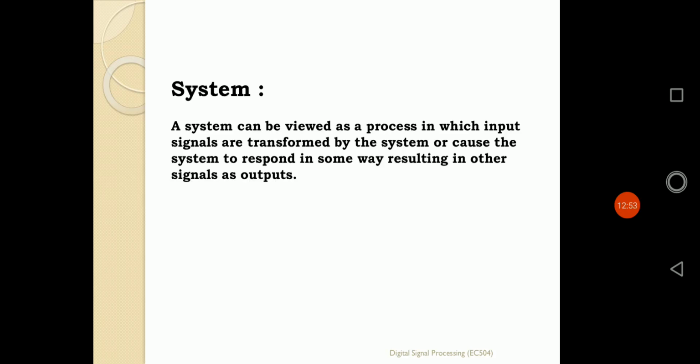So in this slide, what is a system? A system can be viewed as a process. It is defined as a process through which input signals are transformed by the system, causing the system to respond in some way, resulting in other signals as output. So a system is basically a processor.